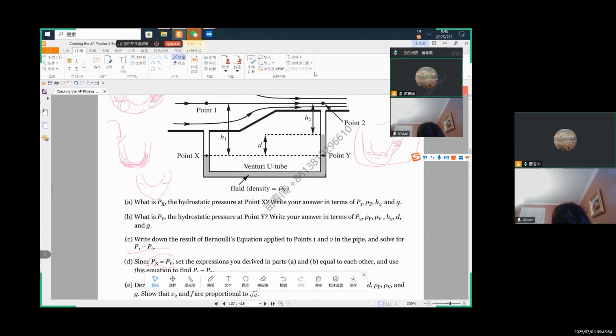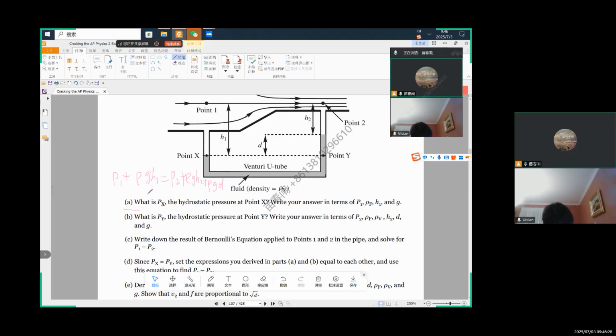So that's why they say Px equals Py, and we should use this because we have Px. Do you remember what Px is? Px in A is P1 plus that rho g h1 thing, right? And Py is P2 plus rho g h2 plus rho g d, right?